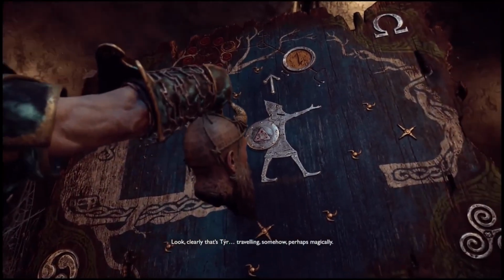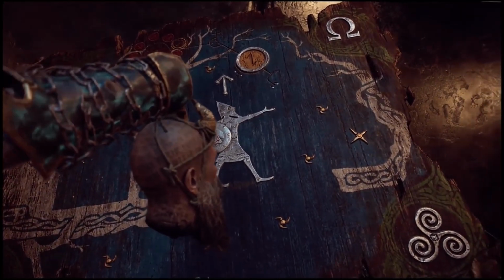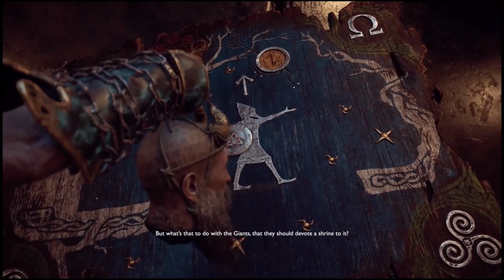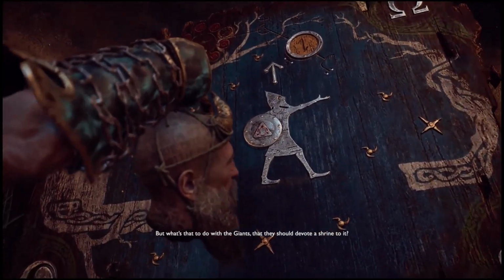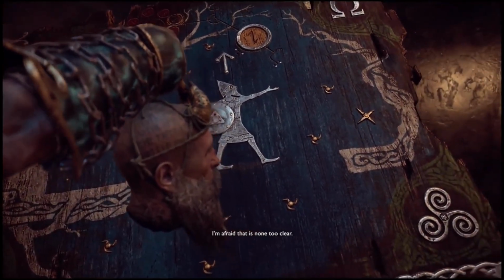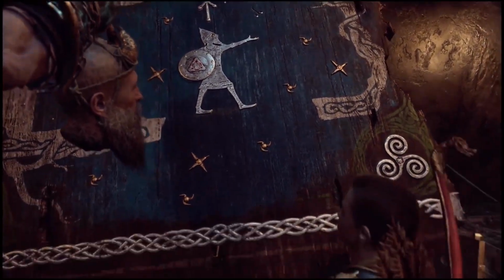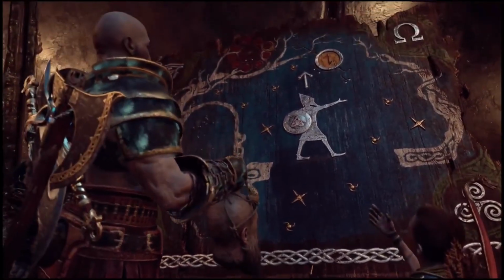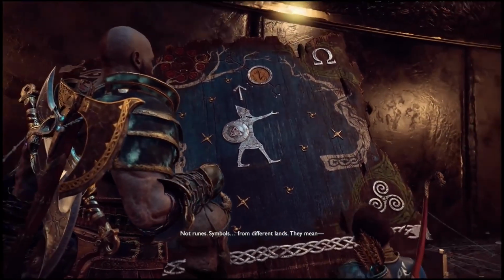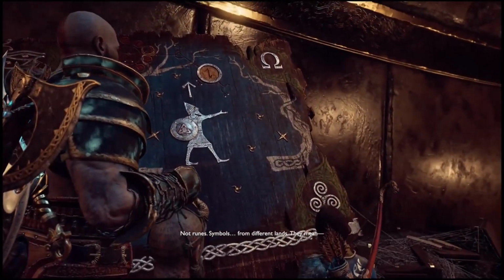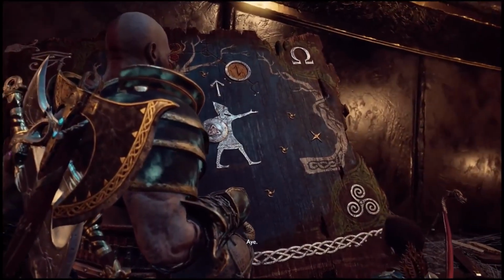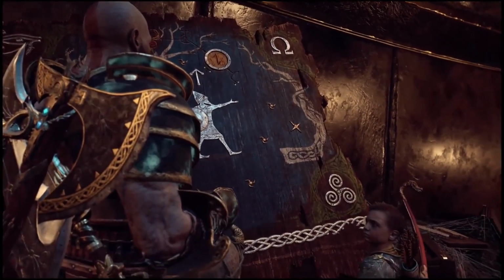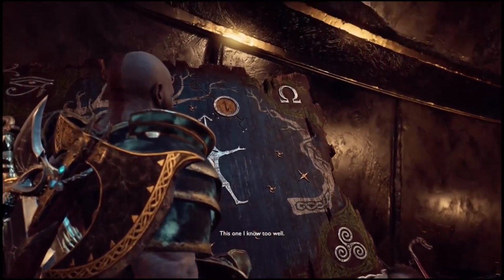Traveling somehow. Perhaps magically. But what's that to do with the giants that they should devote a shrine to it? I'm afraid that is none too clear. What are those runes in the corners? Not runes. Symbols from different lands. They mean... War. Aye. How do you... This one I know too well.